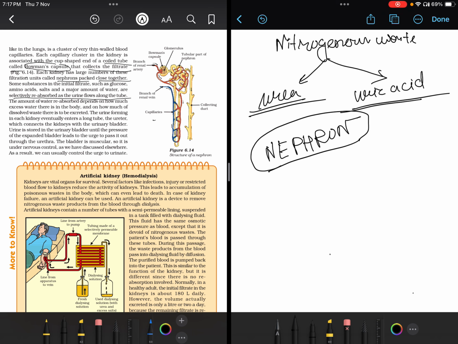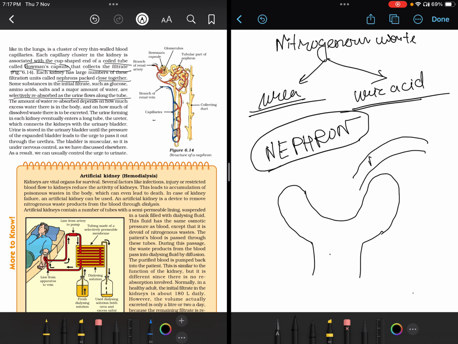If you get confused, think of Bowman's as a bowl-like structure. It's a cup-shaped structure, and the artery that comes in is called afferent, and the artery that goes out is the efferent. I have purposefully drawn it smaller.